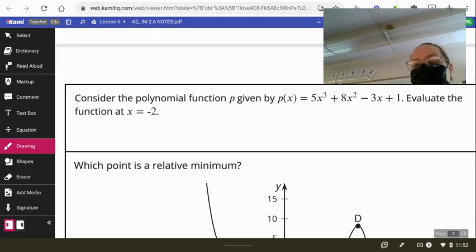If you plug this in correctly, any idea what the answer would be? -1. If you plug this in and got a different answer, go back and check those parentheses.